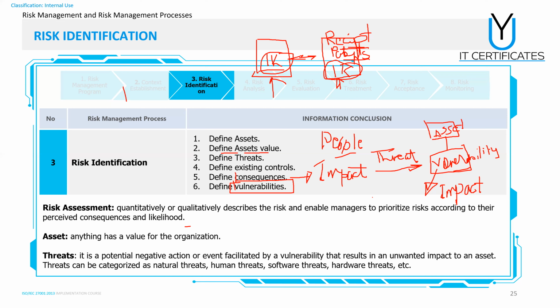Okay. We defined asset value, the vulnerabilities for these assets, and the consequences or impact if the threats exploit the vulnerability. And finally, we have to define the existing controls. Because when you are doing risk identification, you are not doing it for a new company.